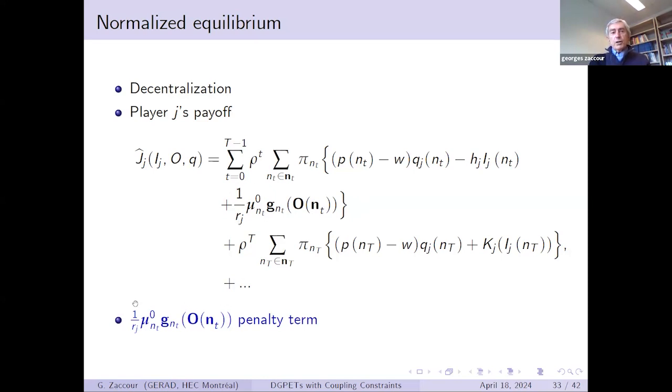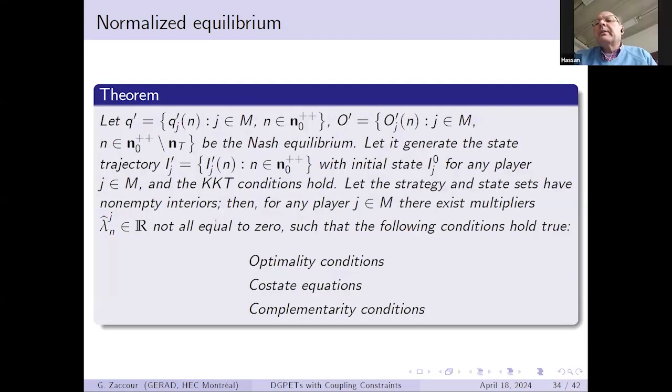So you can think of this term as a penalty term. What would be the penalty that player J would pay if the constraint is not satisfied? Of course, if at any node NT, the constraint is satisfied without equality, is not binding, the corresponding multiplier will be equal to 0.